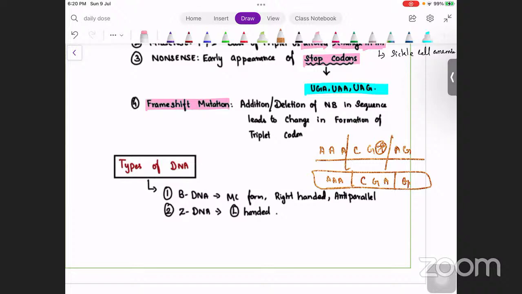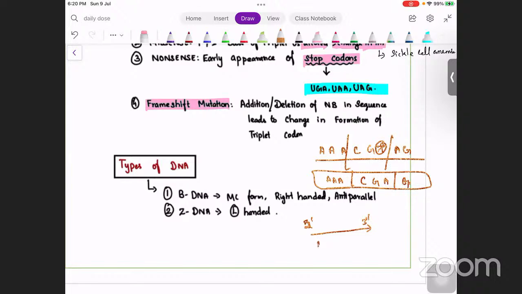And the second important thing is identification of a palindromic sequence in the DNA. A palindromic sequence reads the same in the 5' to 3' direction as its complementary strand reads in the 3' to 5' direction. If they give you any DNA sequence whose complement reads the same way, then that is called a palindromic sequence.